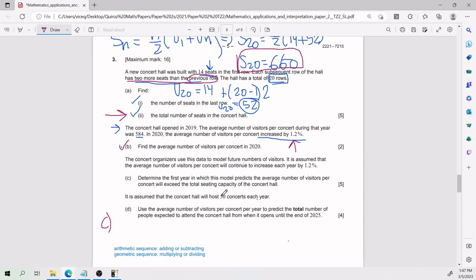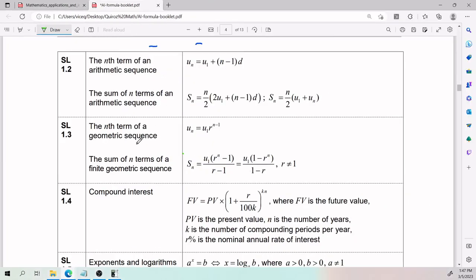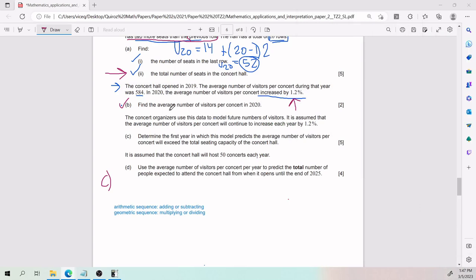When does it get there? Well, that is when we use this guy. See? The end term of the geometric sequence, that is going to be your current approach. So I'm going to write down that formula on the side, just so that we're all on the same page. Un equals u1 r to the n minus 1. All right? And so u1, which is the average number of visitors, is 584.